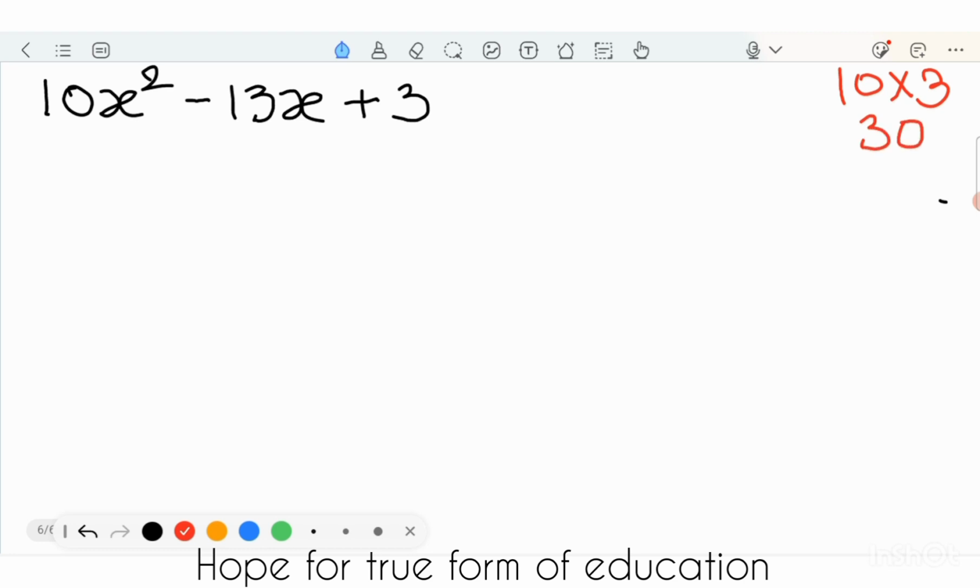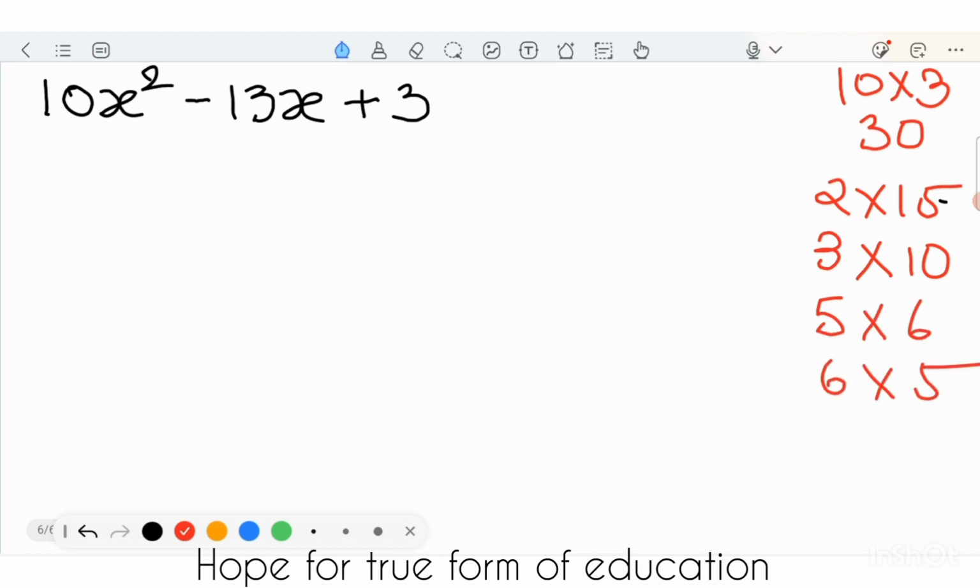So factors of 30 are 2 into 15, 3 into 10, 5 into 6, 6 into 5, and 30 into 1. Okay, 1 into 30, obvious. Got it? Now how can we split the term? I mean minus 13x.